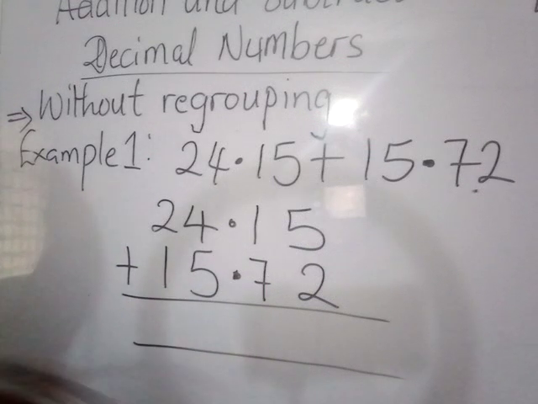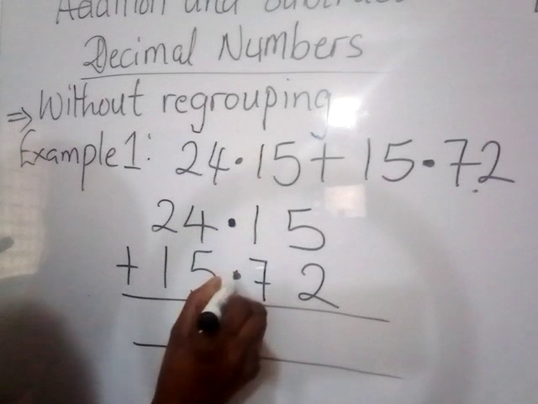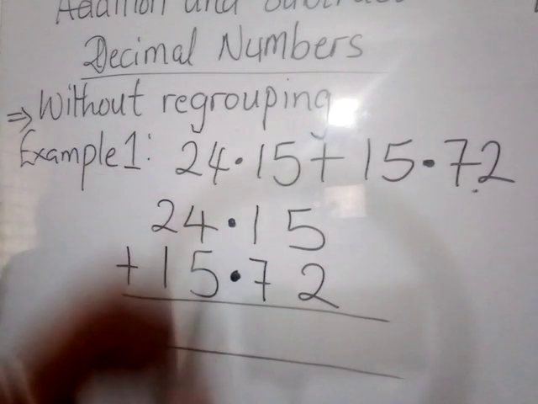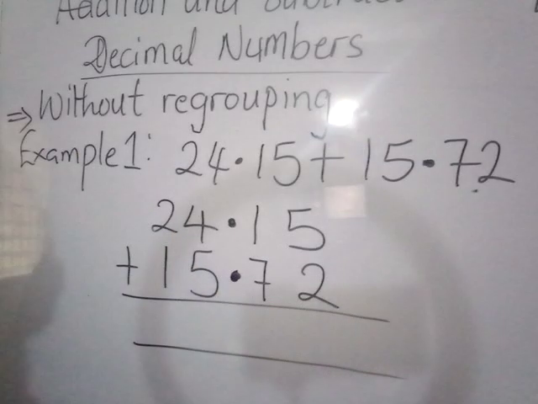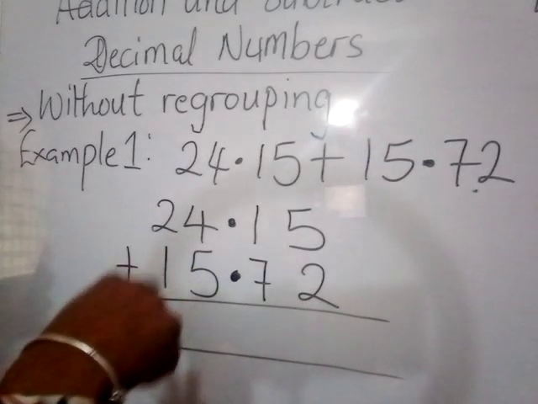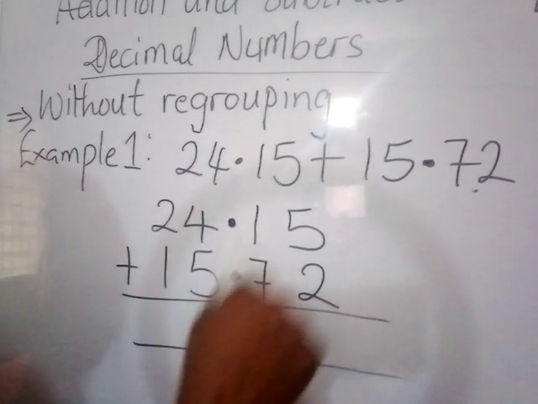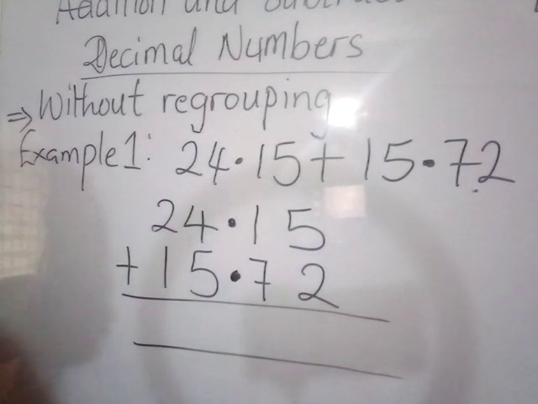But one thing I need you to take note of is the alignment of the decimal points. You can see that they are sitting on the same line. You must put this into consideration whenever you are arranging decimal numbers for addition or for subtraction.